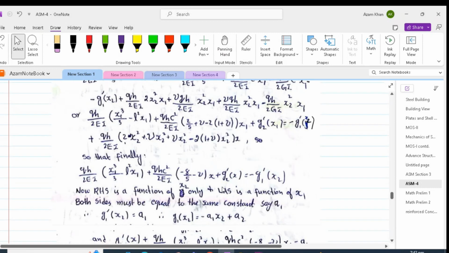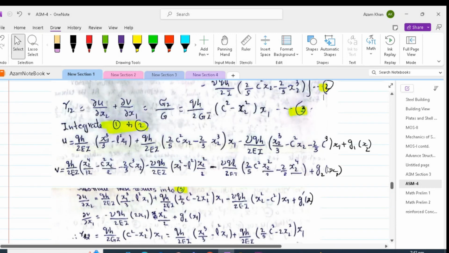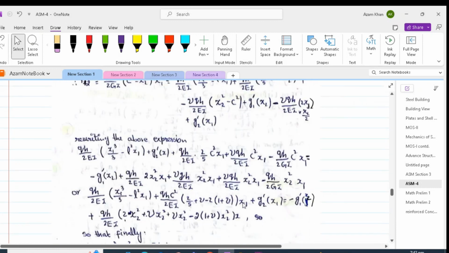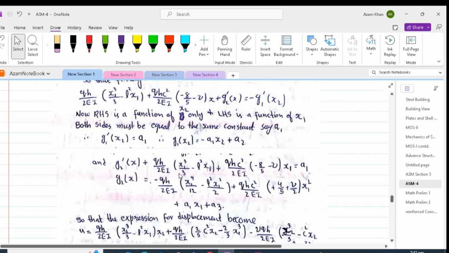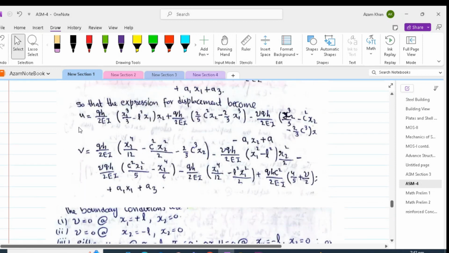Now, after finding the unknown g1′ and g2′ functions, we can plug the values back into the expressions of u and v, and we will get the full expression of u and v.